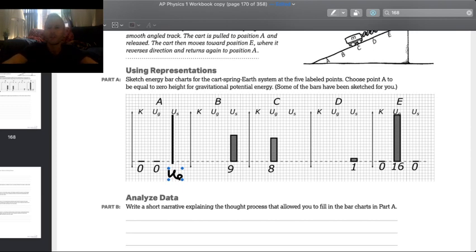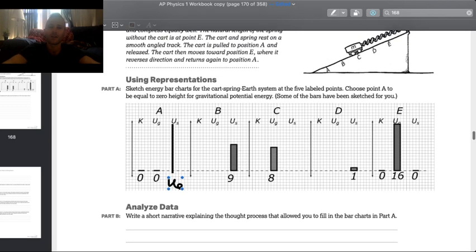At point B, we've got less elastic potential energy because the spring is less stretched. We're also going to have more kinetic energy.